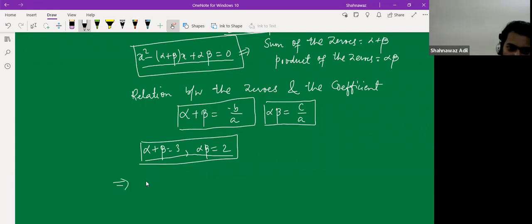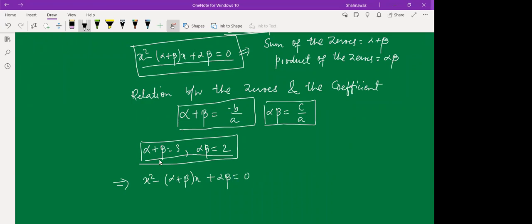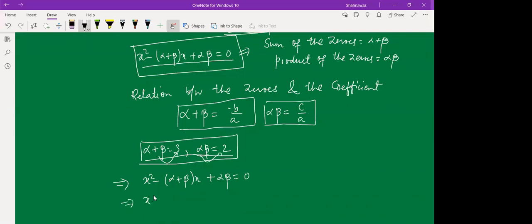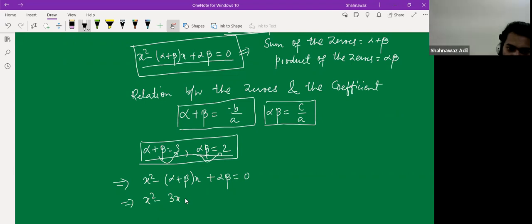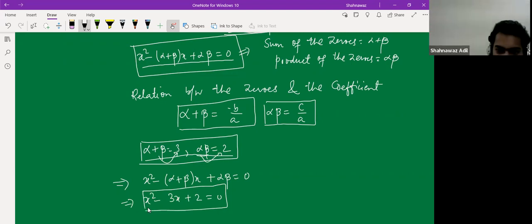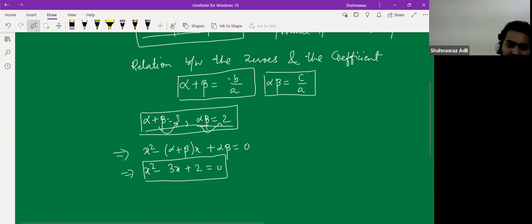It is x squared minus (alpha plus beta)x plus alpha into beta, right? And you are given alpha plus beta and alpha into beta, right? So this will be x squared minus 3x plus 2, right? So this is how you write a quadratic equation when you are given the sum of the roots and the product of the roots, right?